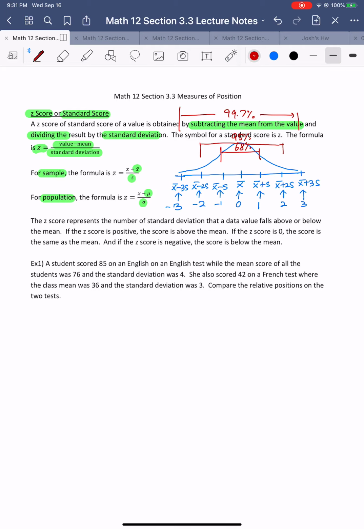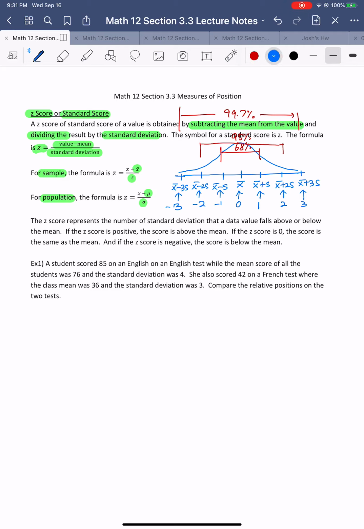A student scores 85 on an English test, while the mean score of the class was 76 and the standard deviation was 4. She also scores 42 on a French test, where the class mean was 36 and the standard deviation was 3. Compare the relative positions on the two tests.